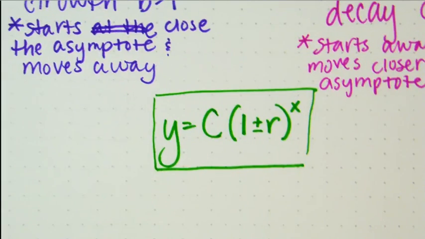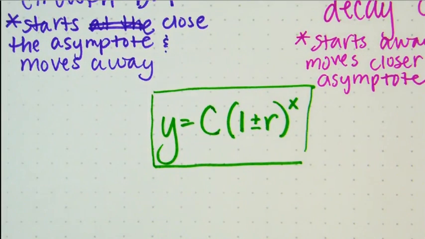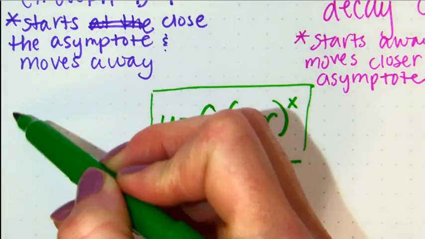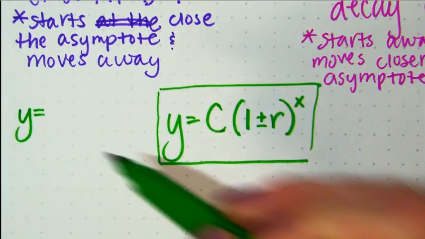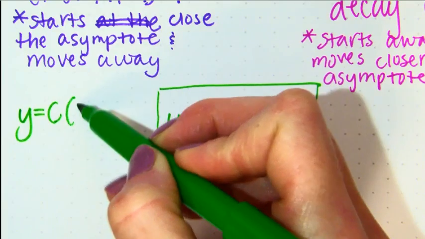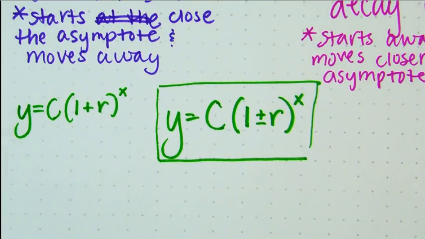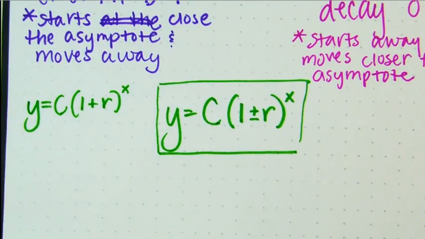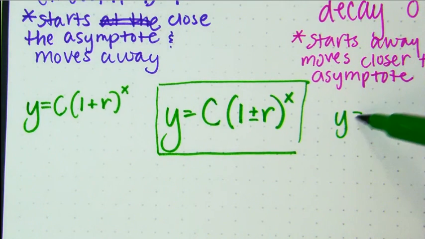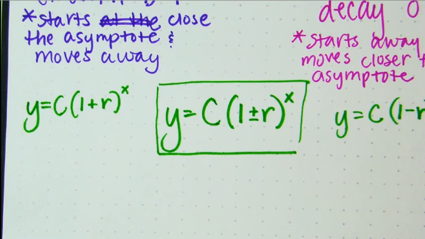The reason that happens is because we need one for growth and one for decay. So the one for growth is y equals c times 1 plus r to the x power. And you could probably guess what the decay one would be: y equals c times 1 minus r to the x power.